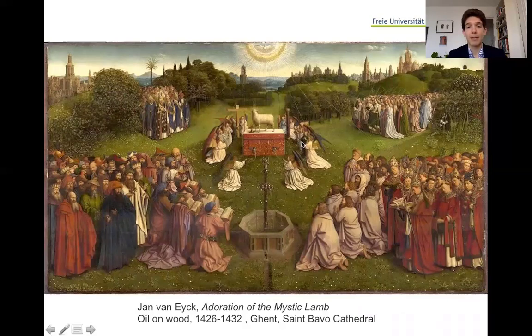The lamb here, on an altar, as you can see, is a symbol of Christ and a symbol of the crucifixion of Christ. And the people, the crowd around it, a crowd made of angels with the symbols of the passions, is also a crowd where you can recognize popes, saints, hermits, merchants.